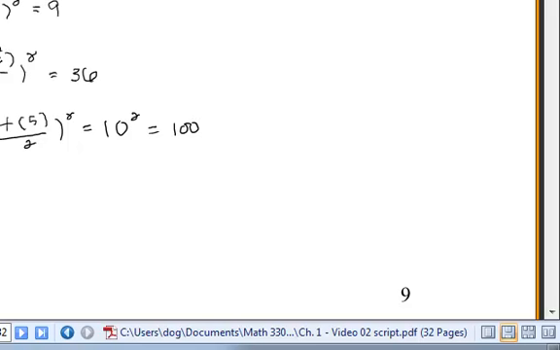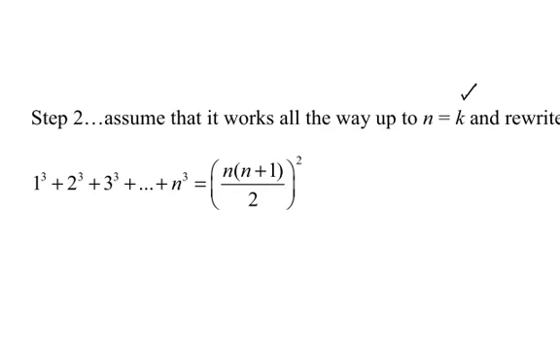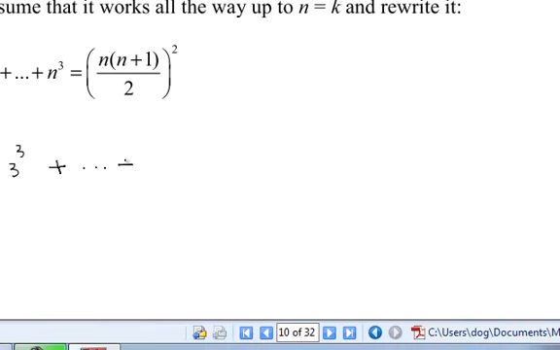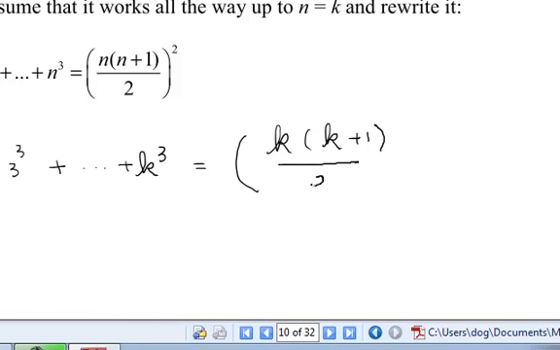And in the proof, instead of doing these, we just jump ahead to a non-specific k. And we rewrite it: 1 cubed plus 2 cubed plus 3 cubed plus ... n is now k, so this would be 1 cubed plus 2 cubed plus 3 cubed plus ... plus k cubed equals k times k plus 1 divided by 2, squared.